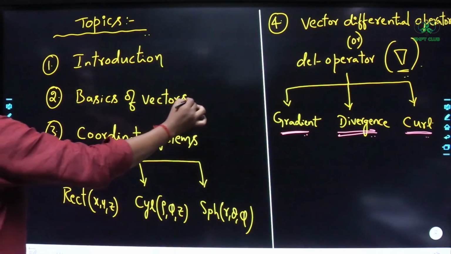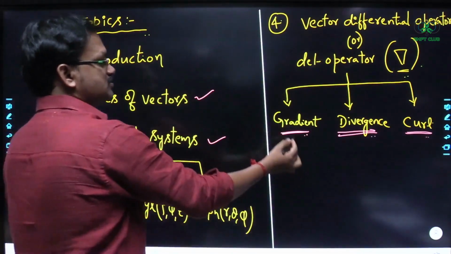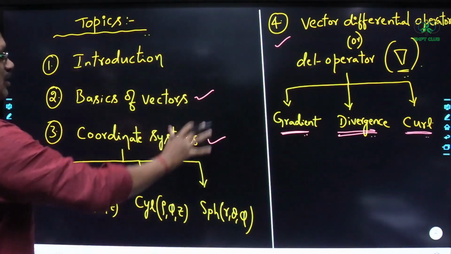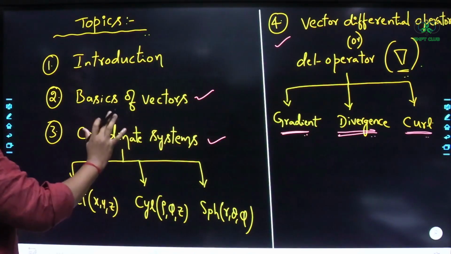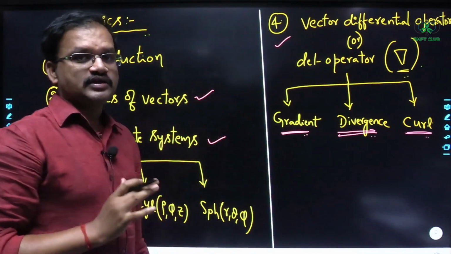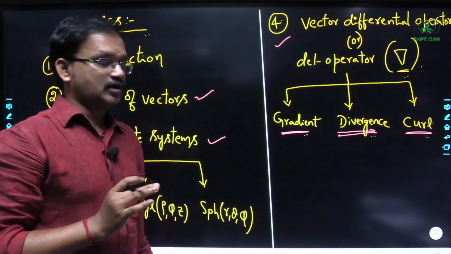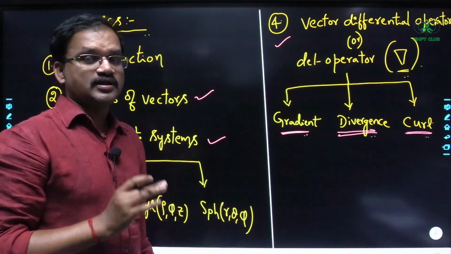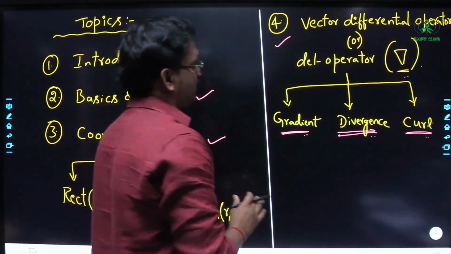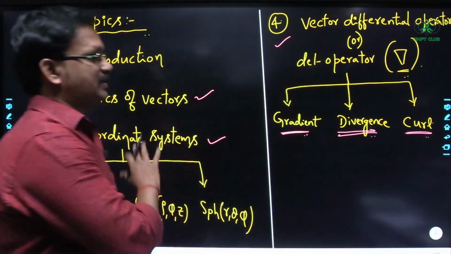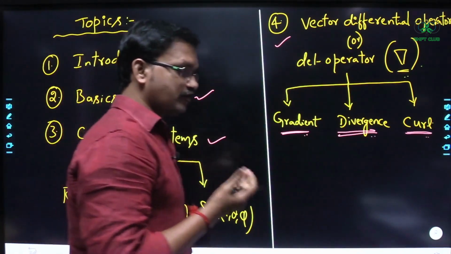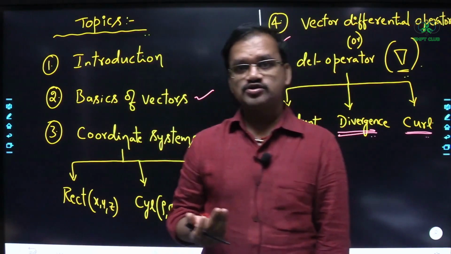This is the basic mathematics part needed to understand this subject: the basics of vectors, coordinate systems, and the gradient, divergence, and curl operations. These three topics, the second, third, and fourth, are the mathematical part needed in order to understand the subject. Once we complete this, we will enter into the actual topics of the subject.